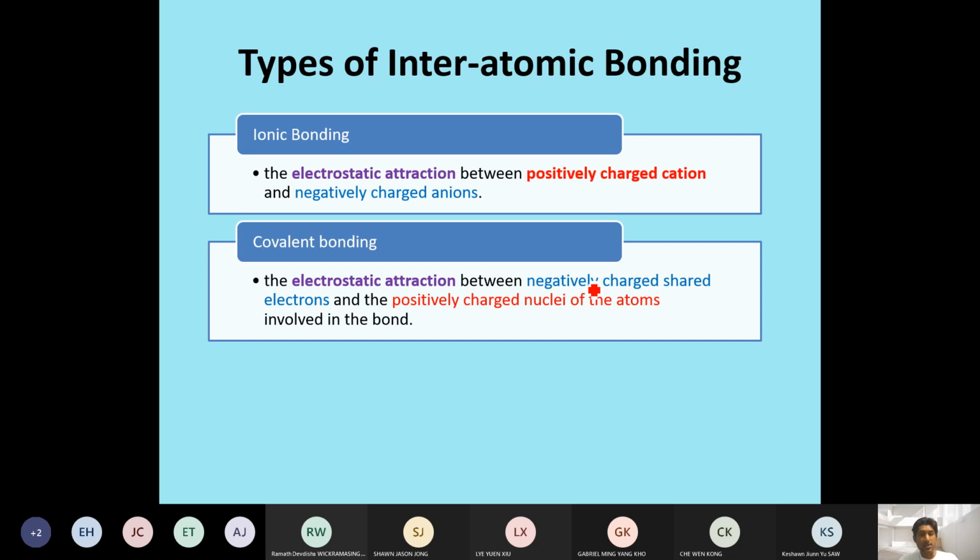So if the charges are very different from one atom to another, even though they are covalent, there can be ionic covalent or non-ionic covalent. If the charge difference is very high, they are covalent, but they can still form ionic covalent.